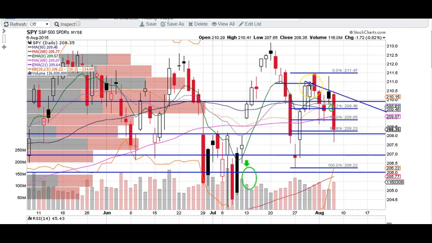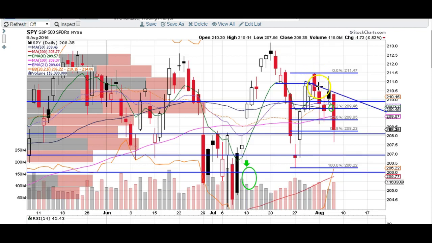But moving forward, most importantly, I just want to point out a few things. One, we've got a nice trend line here pointing down, okay? And if you're not as familiar with trend lines, they should be drawn from the closes. The closes are what matters, okay?